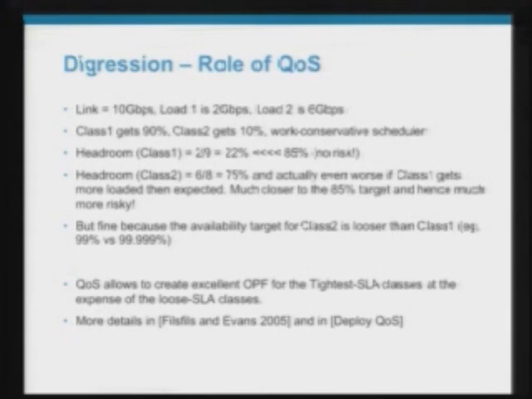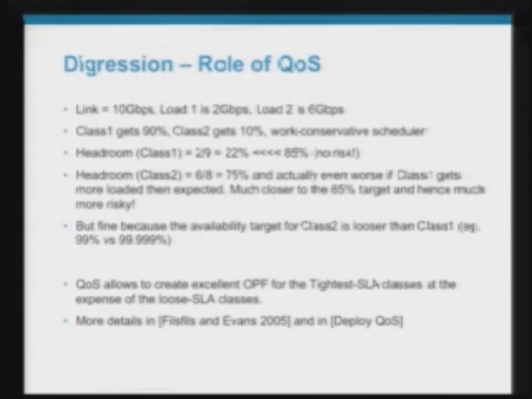An example he has is that the first class has only 2 gigabits of traffic, and there's another class of 8 gigabits of traffic. The queues are set up so that the first class can use up to 90% of the capacity, and the second class can use whatever is left over and has just 10% set aside for it.